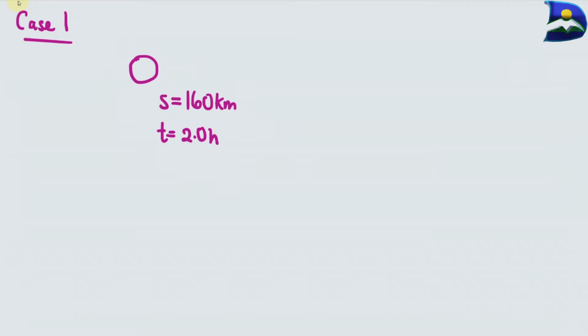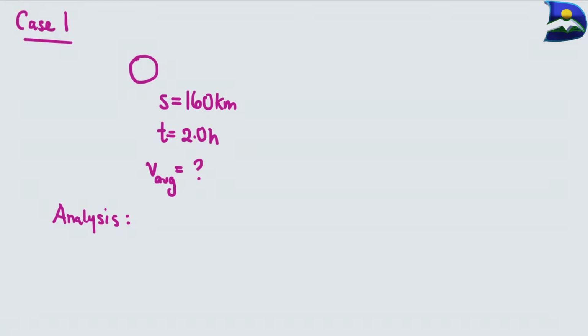Once you have this, we can rearrange and solve for V average. To do that, all we have to do is divide your distance by your time. Then we can move on to solving for V average.